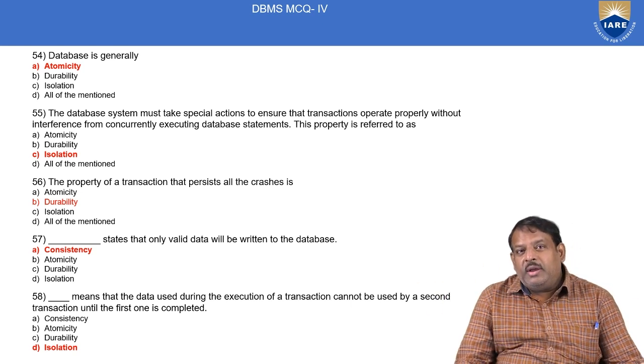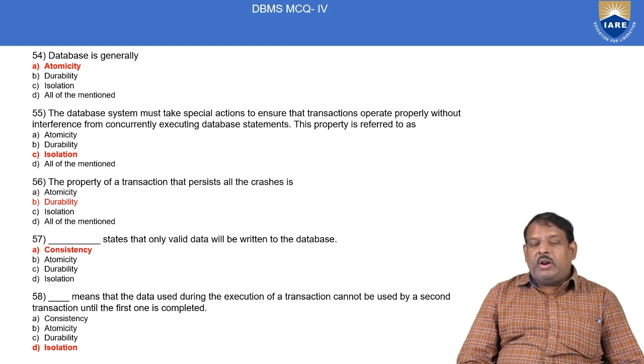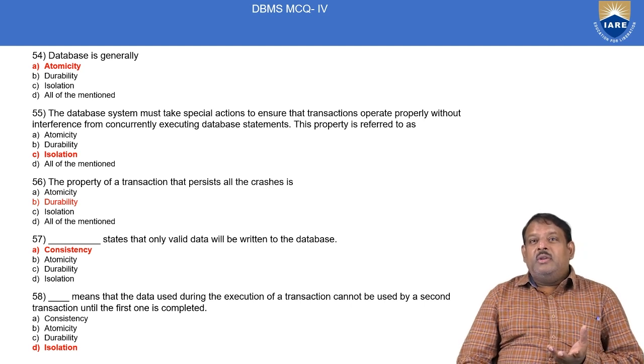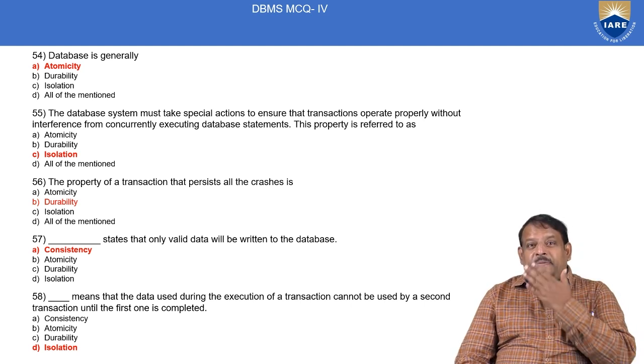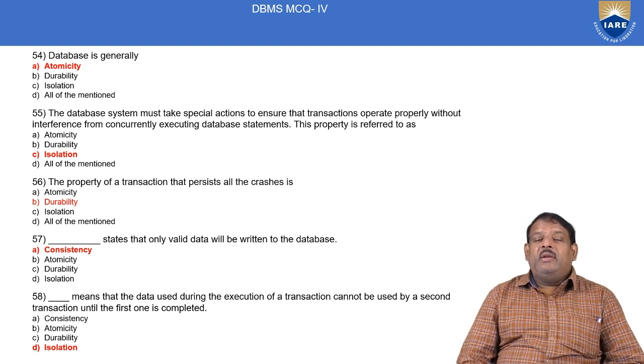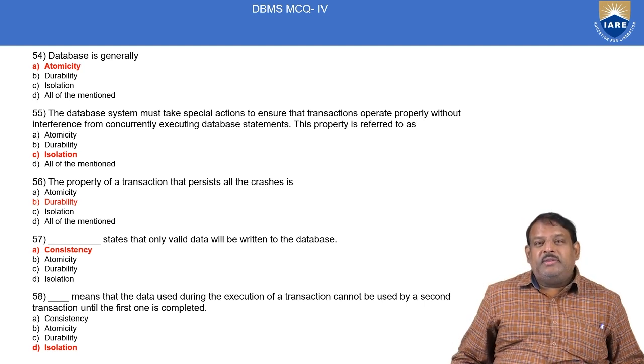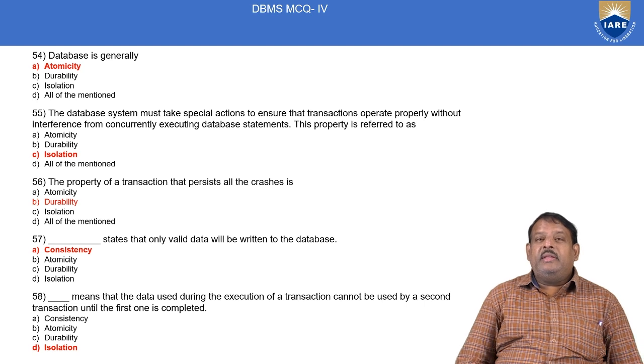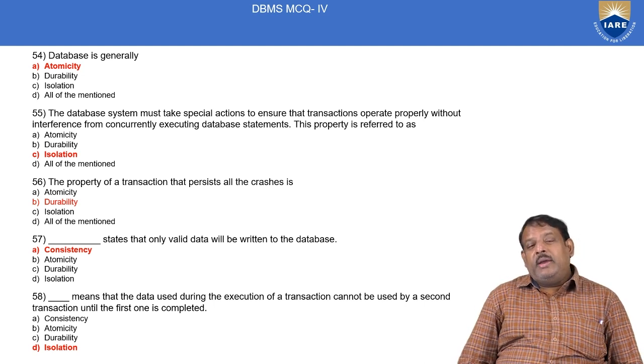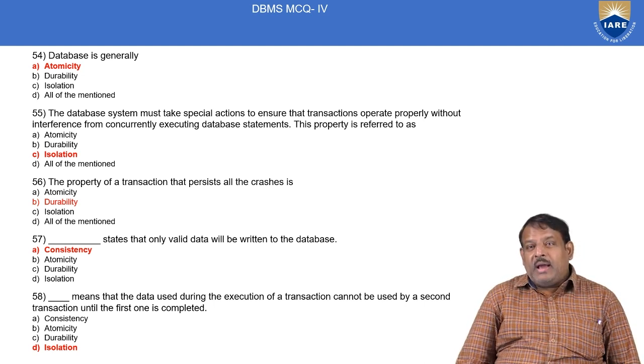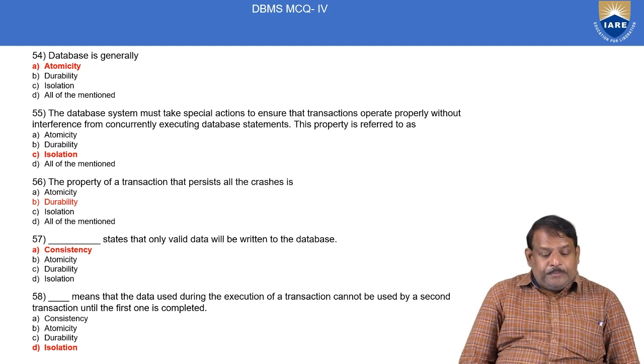So when you are working on a particular record, you're trying to make changes, then the record is locked so that others cannot see that record. They can see only read-only. Only after you make your changes, the record is committed, and then the new value is seen by other persons.